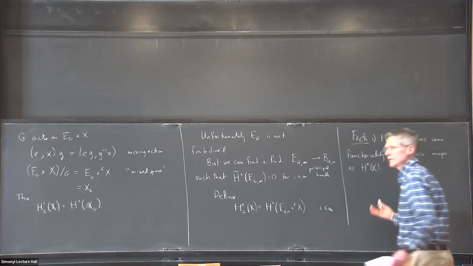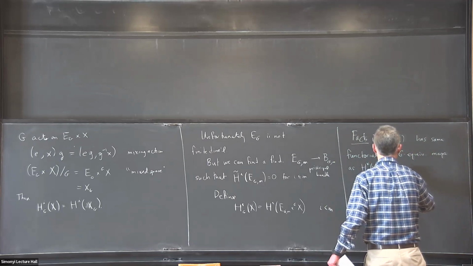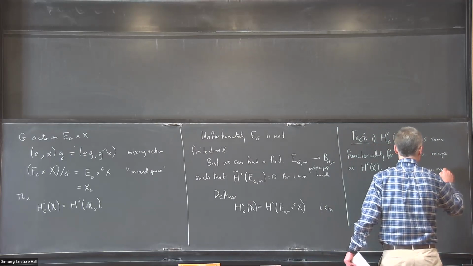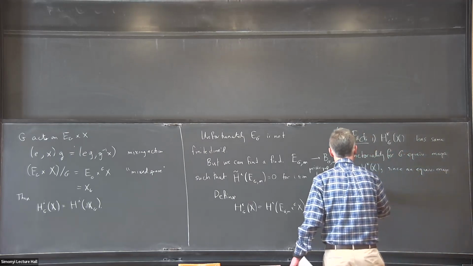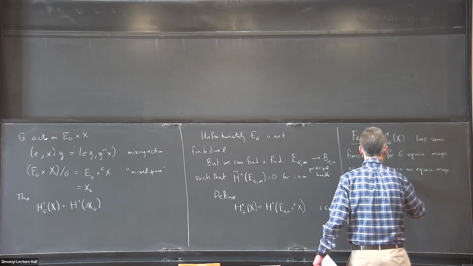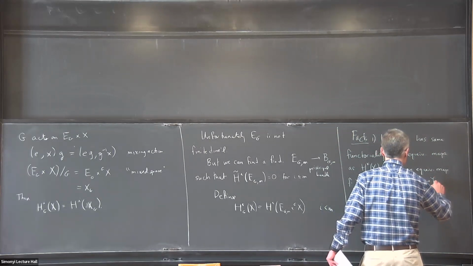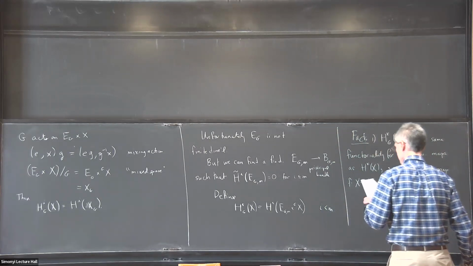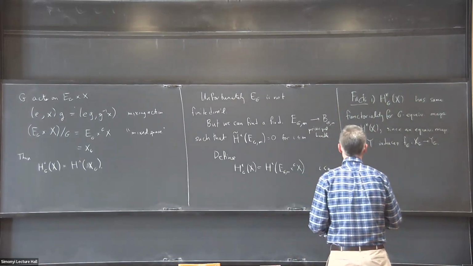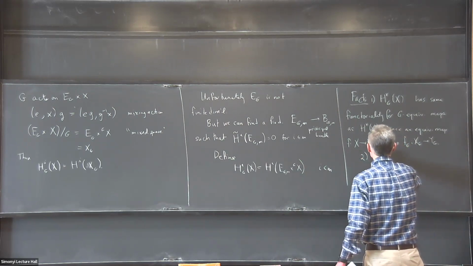The reason is very simple: an equivariant map f from X to Y induces a map f_G from X_G to Y_G. So that's the first fact. The second fact is that we have a fiber bundle.